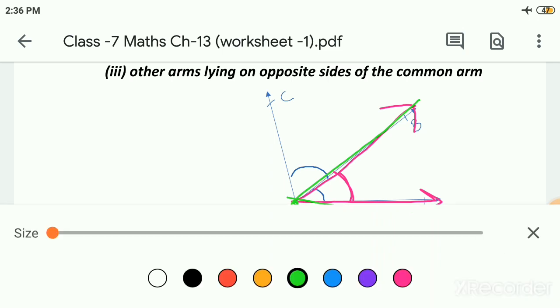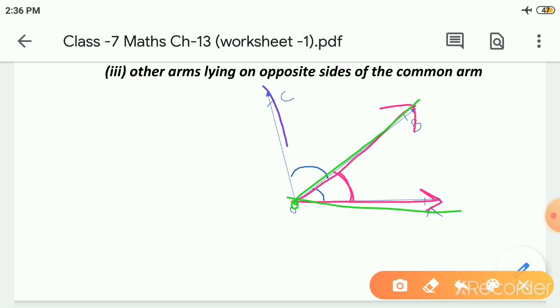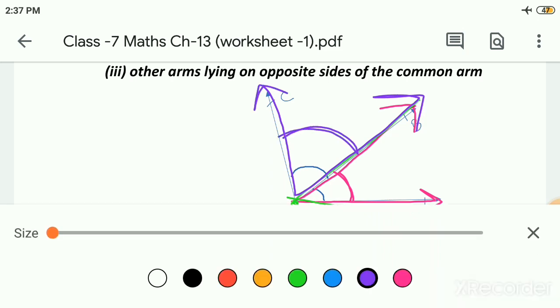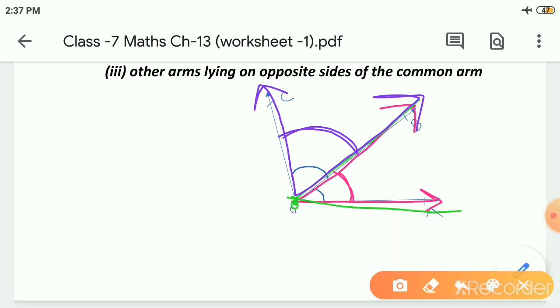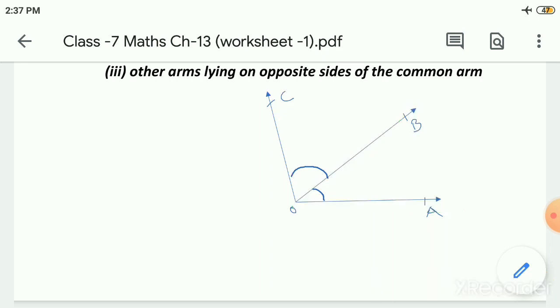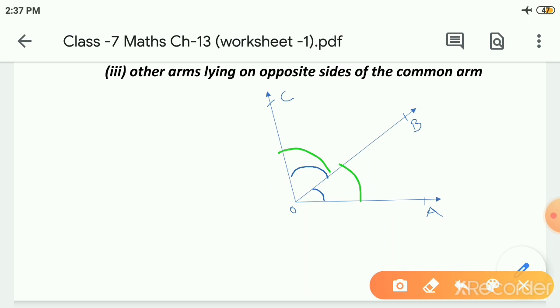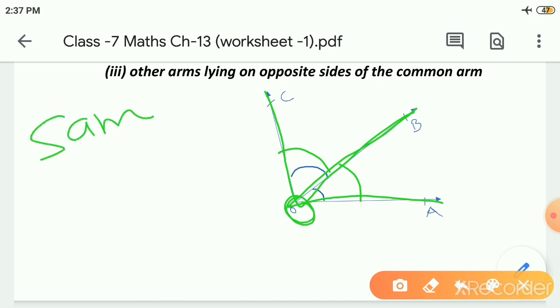For the other angle, I am using the same vertex and this middle arm. What I mean to say is, when I am making these two angles AOB and BOC, I need this vertex O. So it has the same vertex, no issue in that.